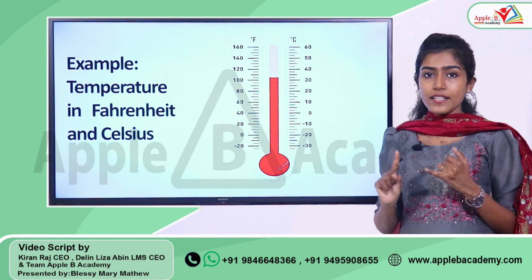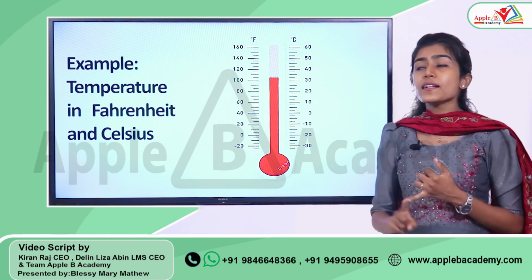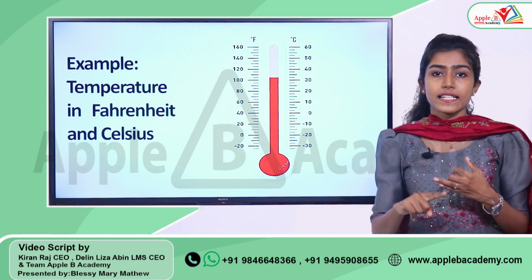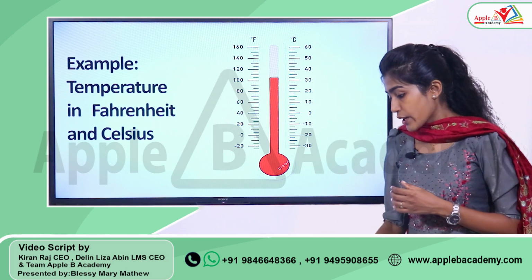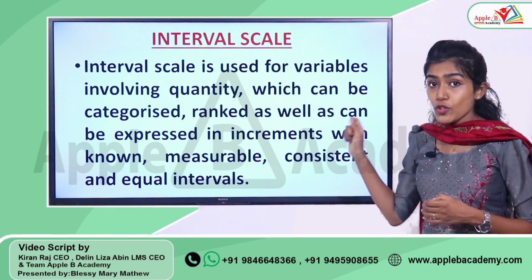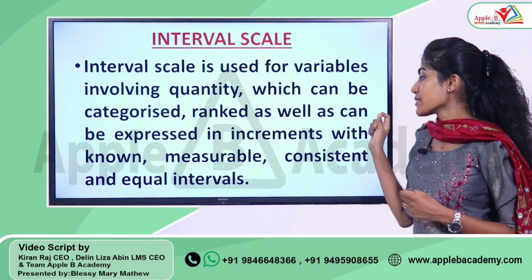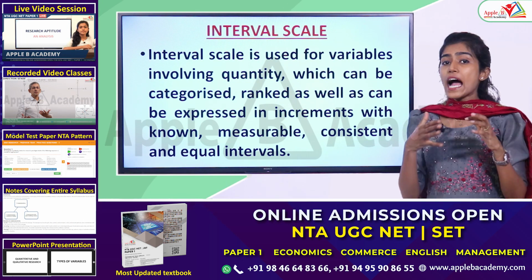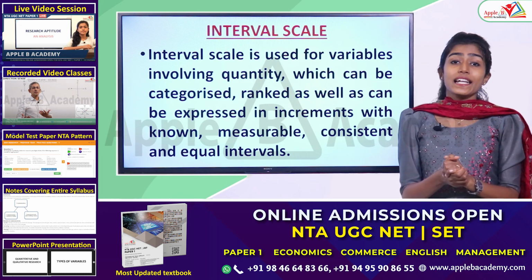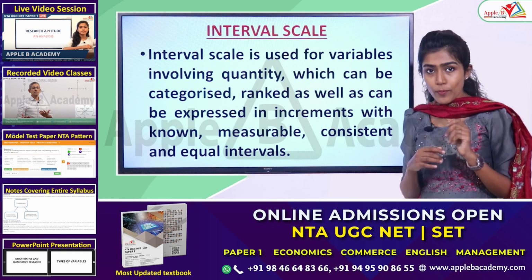It can be categorized, ranked, and expressed in increments with consistent and equal intervals. If you have a data variable like this, you can use the interval scale to measure it.